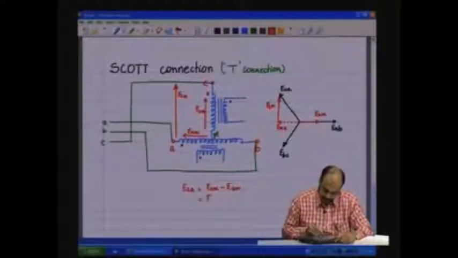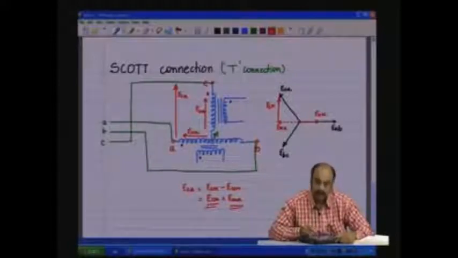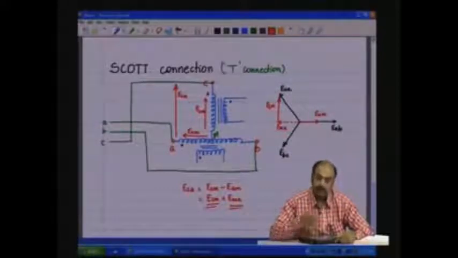This is equal to ECM plus EMA. So, this is what the two vectors which are combined. EMA is nothing but negative of EAM, just put in 180 directions, then plus ECM should add up to ECA.